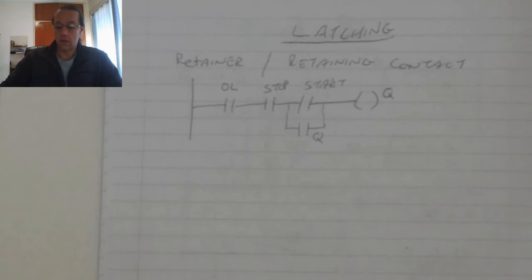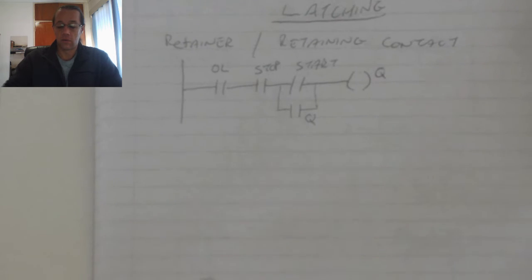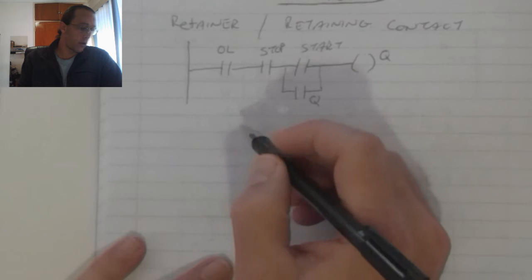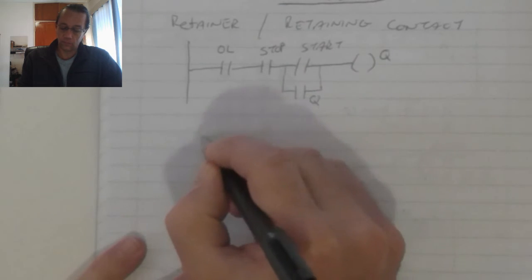The second type of latching that we get is called interlocking.